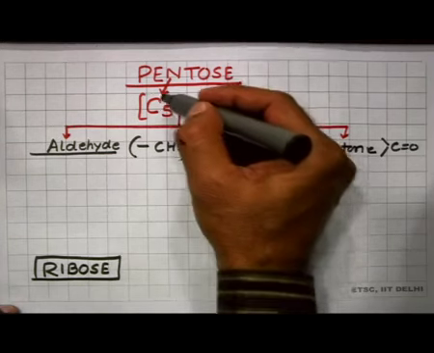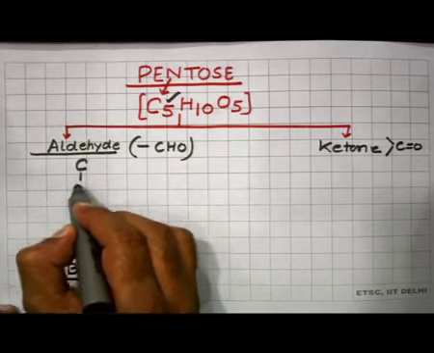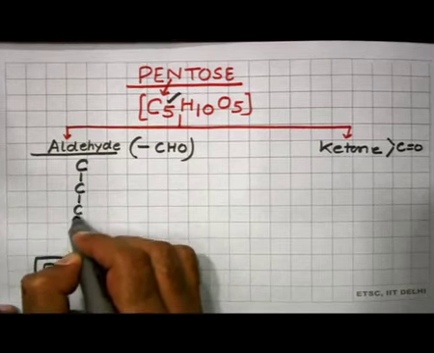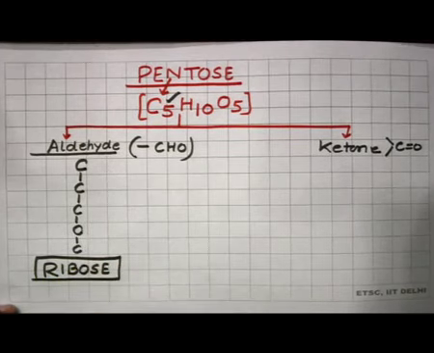Ribose is a 5 carbon monosaccharide. So, you can write 5 carbons 1, 2, 3, 4 and 5. These are the 5 carbons, no doubt.